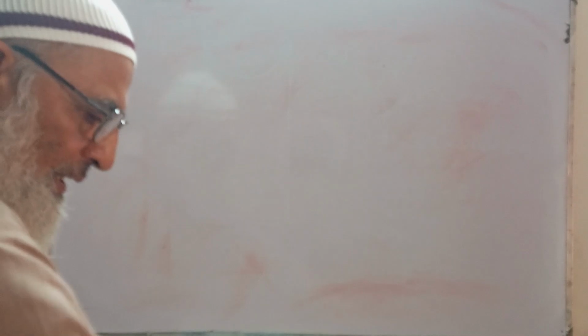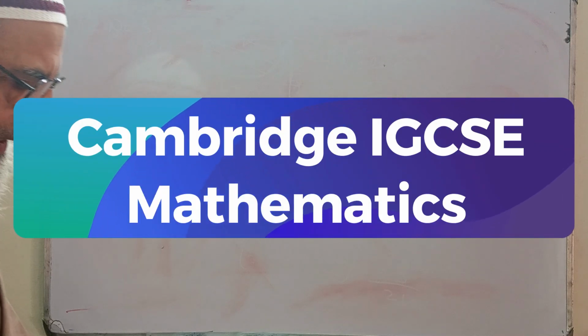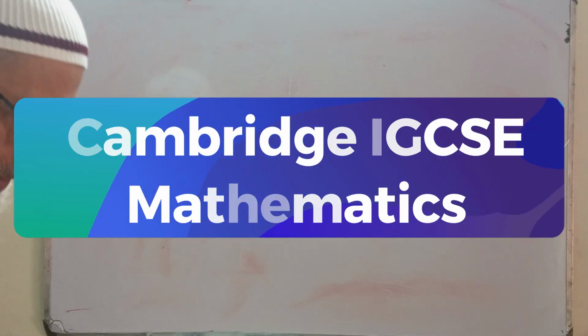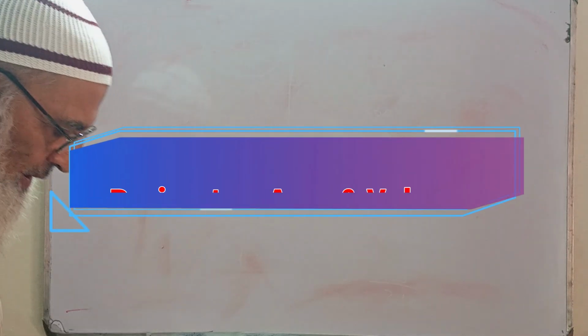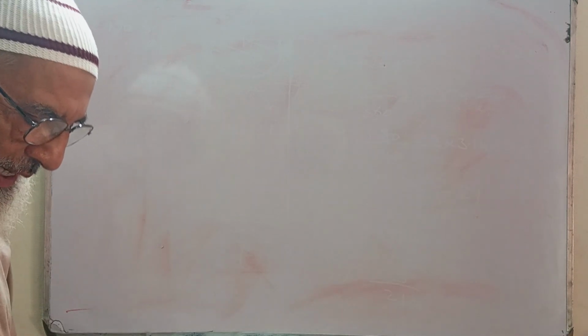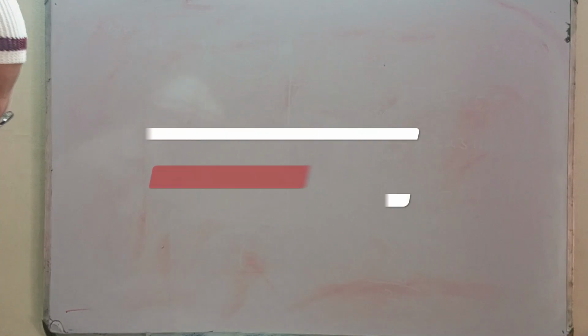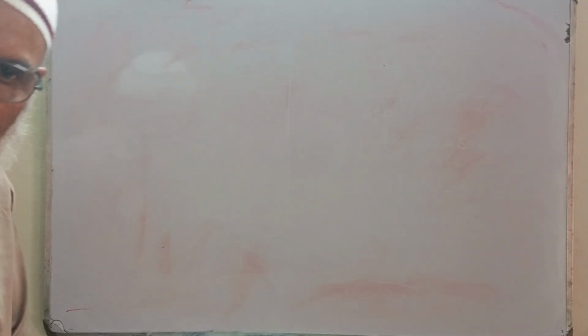So we are solving two exercises simultaneously because it was on demand. I think I have already covered four questions from 7.5, and I'll be doing the rest of the questions from 7.1 first, and then I'll go to the on demand session.